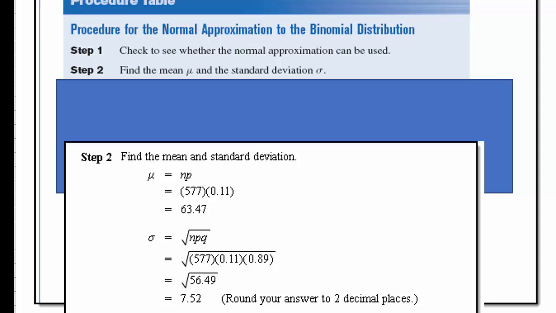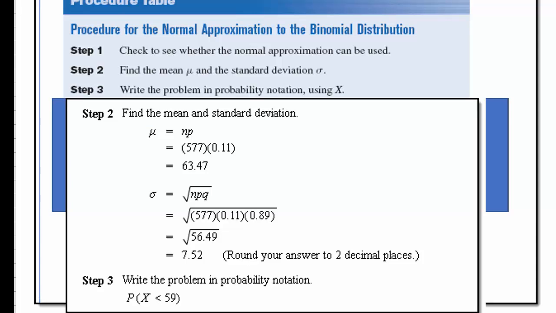So we take 577 times 0.11 times Q, which is 0.89. That gives you the square root of 56.49, and once you solve for that, you get 7.52. We're rounding our answer to 2 decimal places.